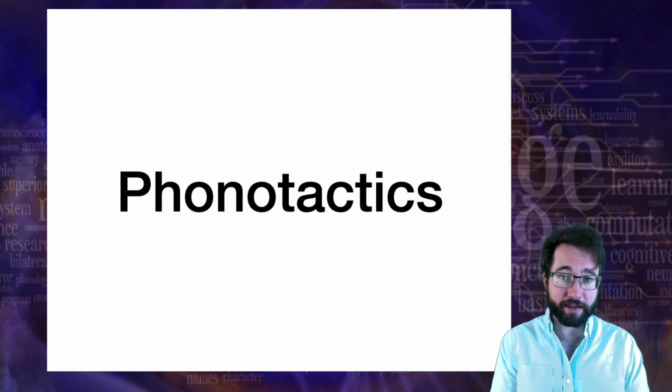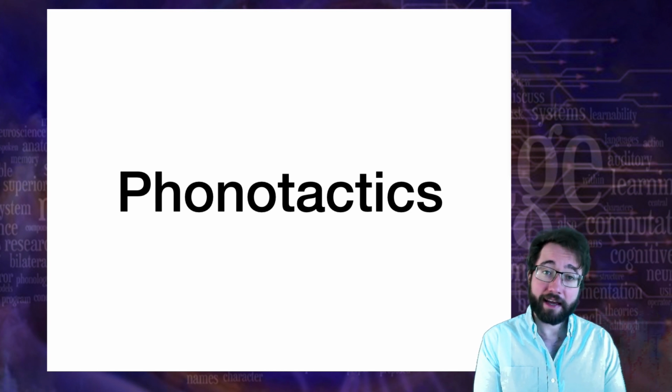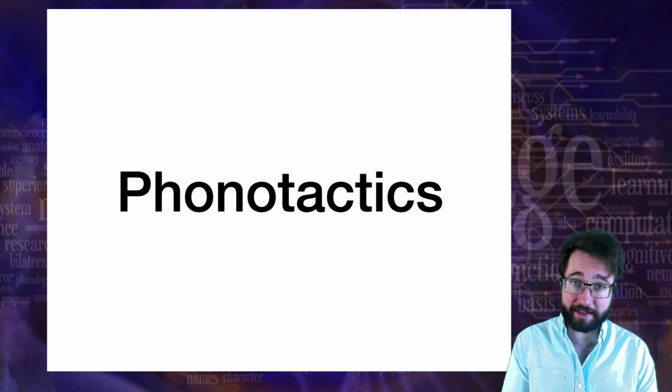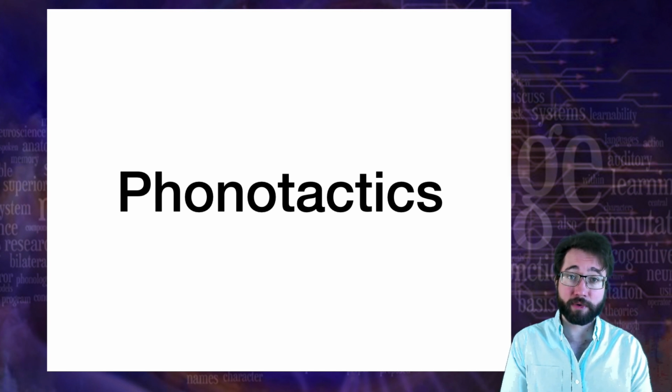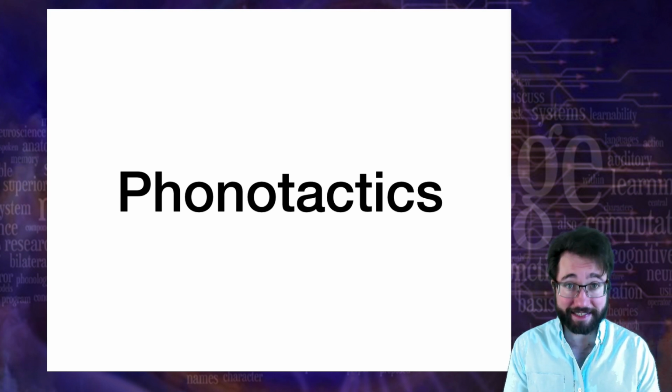So now we have talked about the variety of inventories of consonants and vowels across languages. And we're going to turn to the second major topic, which is kinds of constraints on how sounds go together in languages. This is what's called phonotactics.